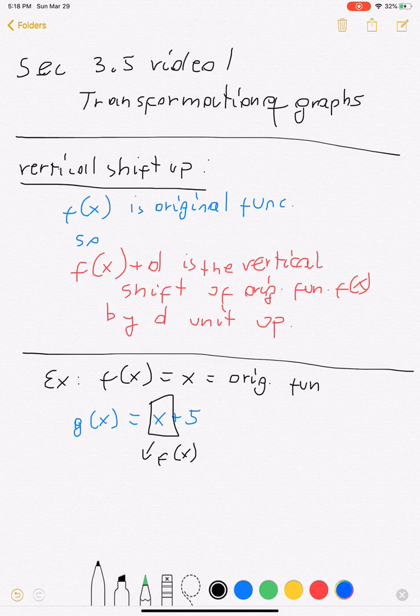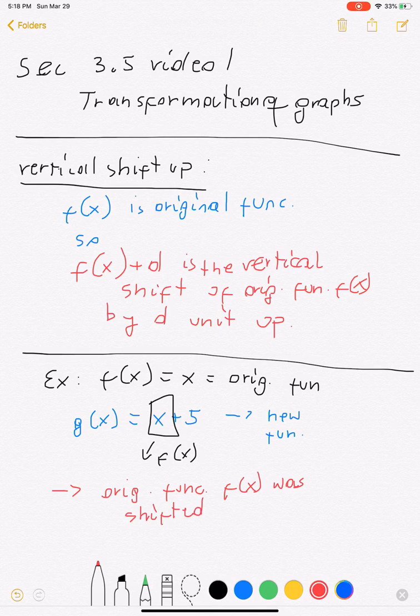And of course g of x is a new function. So what that means is that the original function f of x was shifted by 5 units up.